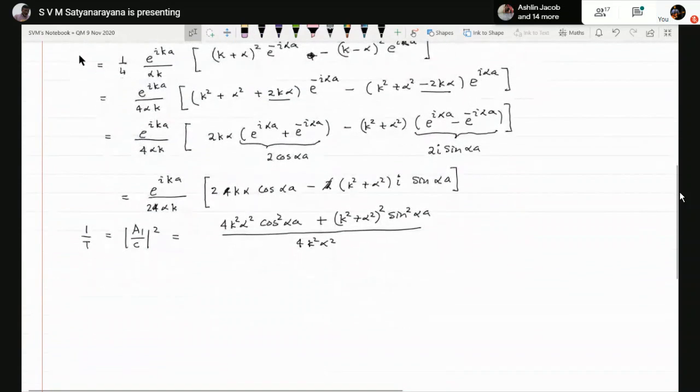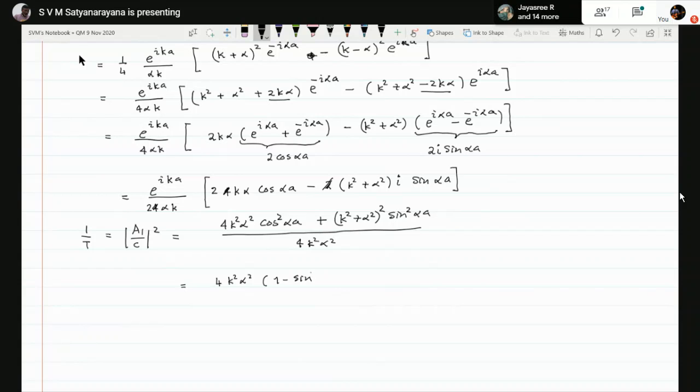Now I can simplify this further by writing this as 4k square alpha square into 1 minus sine square alpha a plus k square plus alpha square whole square into sine square alpha a divided by 4k square alpha square.